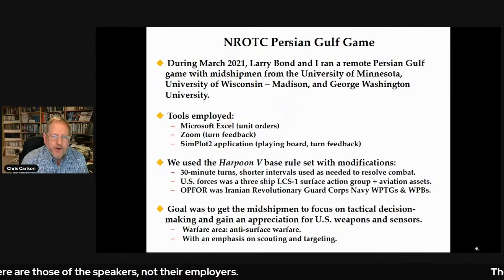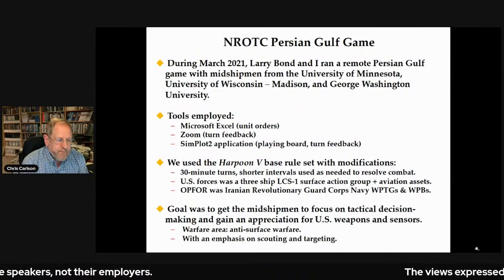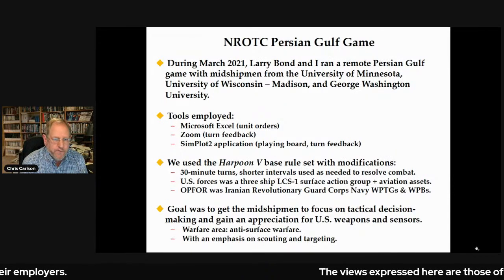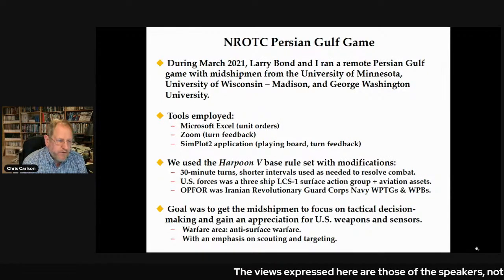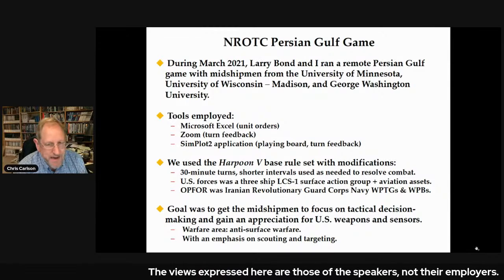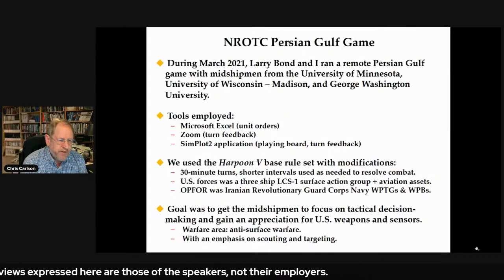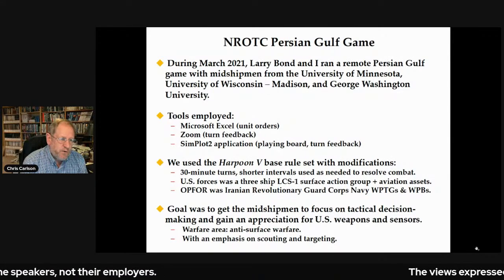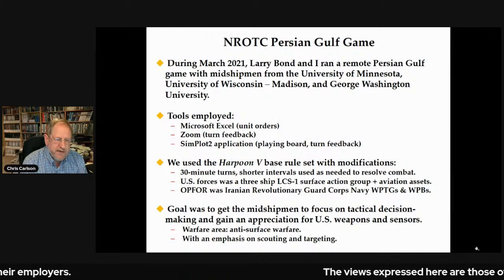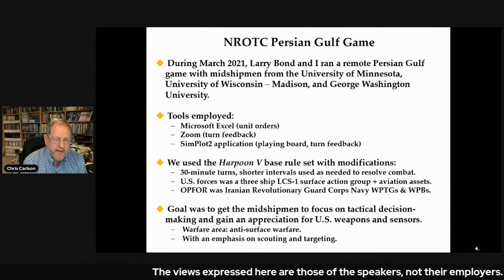So throughout March, Larry and I ran a remote game dealing with a Persian Gulf scenario for the University of Minnesota, University of Wisconsin-Madison, and George Washington University. These are all NROTC units, and we had a total of about 25 to 28 midshipmen throughout this entire event.